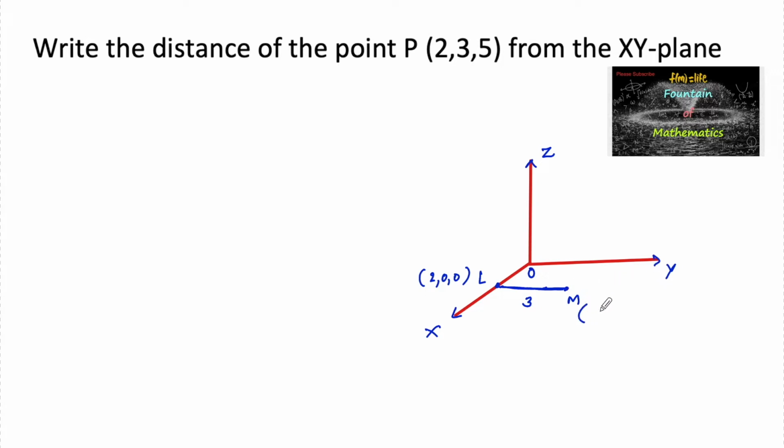So that point can be considered here with x coordinate 2 and y coordinate is 3. On xy plane we can consider z coordinate is 0. So (2, 3, 0). And then the point z coordinate is 5, which will be taken parallel to z axis. So parallel to z axis we can consider 5 units.